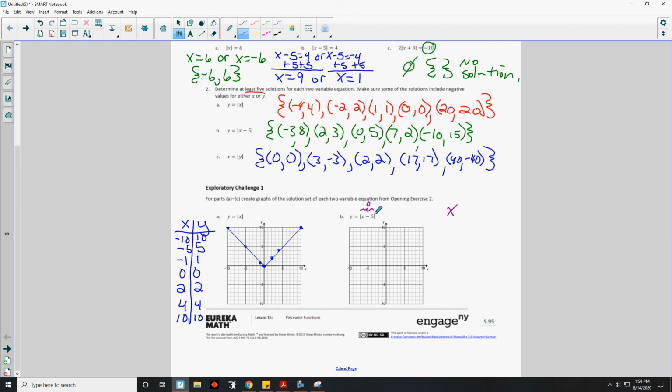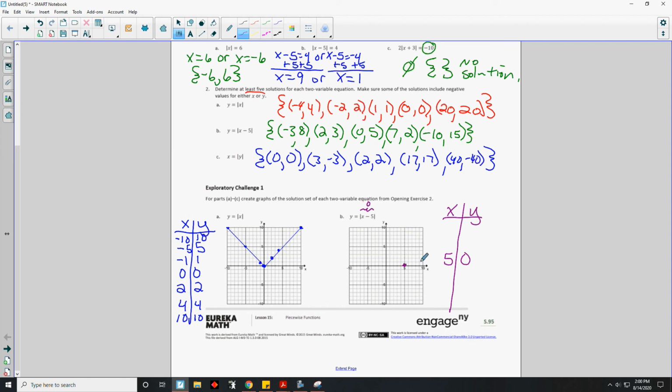So what minus 5 is 0? And I know that the answer is 5. So I put 5 in the middle of my t-chart. So when x is 5, 5 minus 5 is 0. The absolute value of 0 is 0. So I'm plotting the point 5, 0, which is right here.